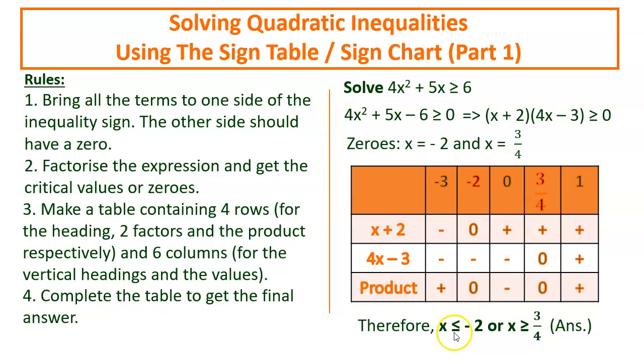So x is less than or equal to negative 2, or x is greater than or equal to because of this 0 value, and greater than because 1 is representing all values of x which are greater than 3 over 4. So the final answer is x is less than or equal to negative 2 or x is greater than or equal to 3 over 4.